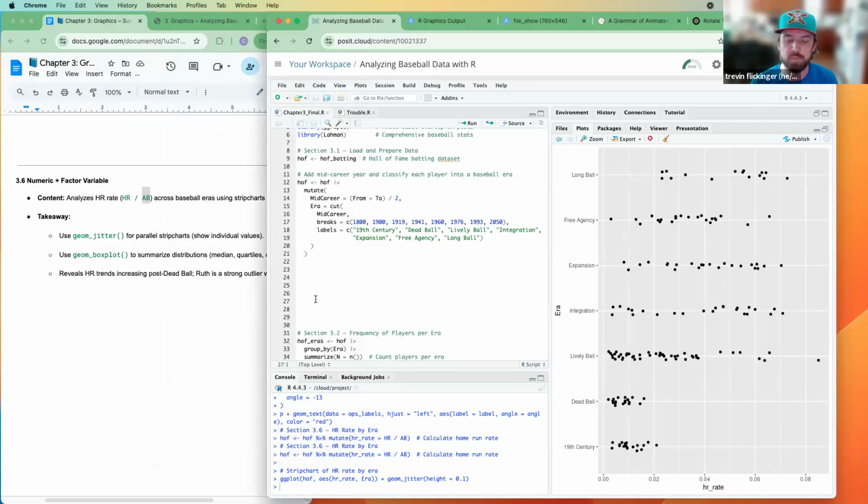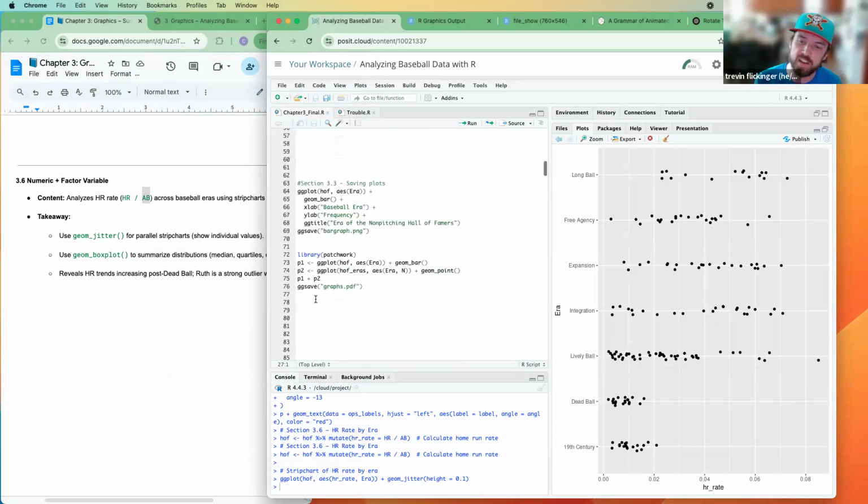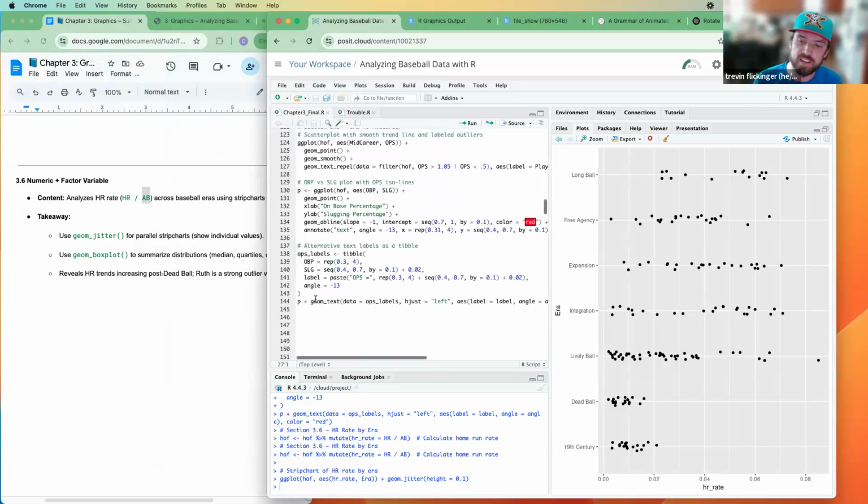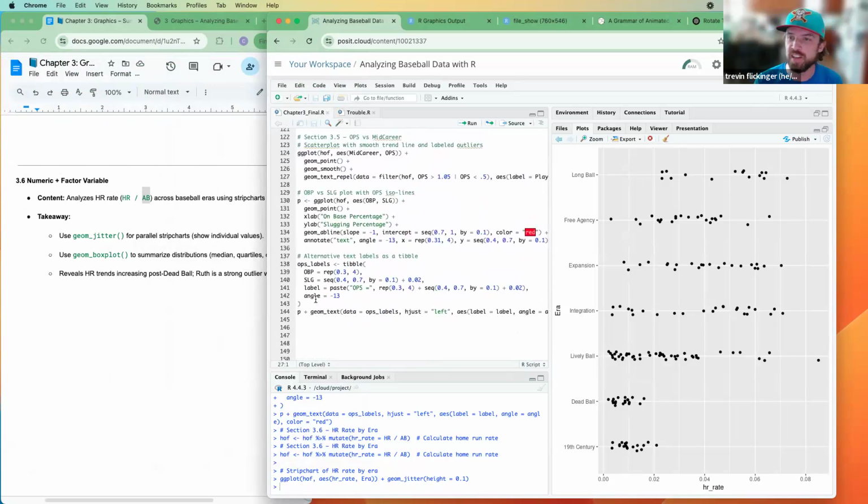A few years ago, a lot of discussion was on the ball, and people were saying we had a juiced ball in MLB. The composition or however it was manufactured made the ball livelier and led to an increase in home runs. So it's never constant, it's always changing. That's cool. Juiced ball.